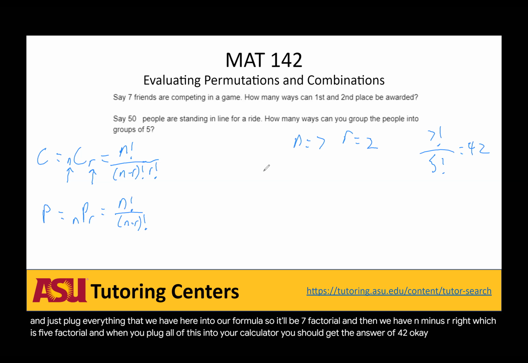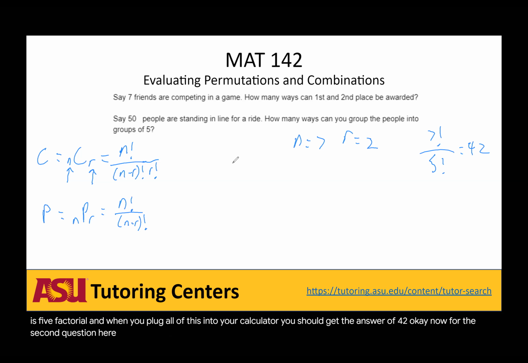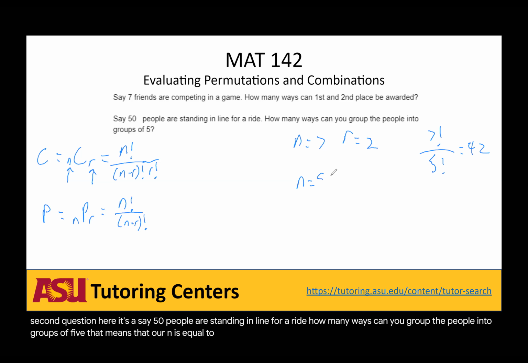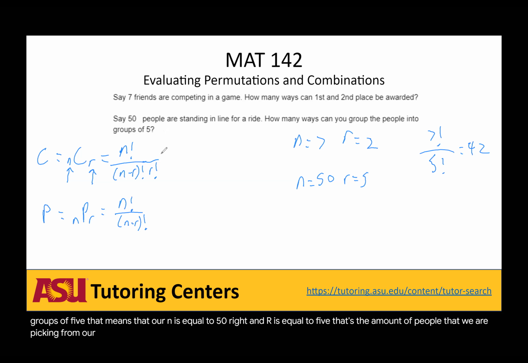Okay, now for the second question, it says, say 50 people are standing in line for a ride. How many ways can you group the people into groups of 5? That means that our n is equal to 50, and our r is equal to 5. That's the amount of people that we are picking from our 50 people, right? So from here, we can plug into our formula, just like what we did above.